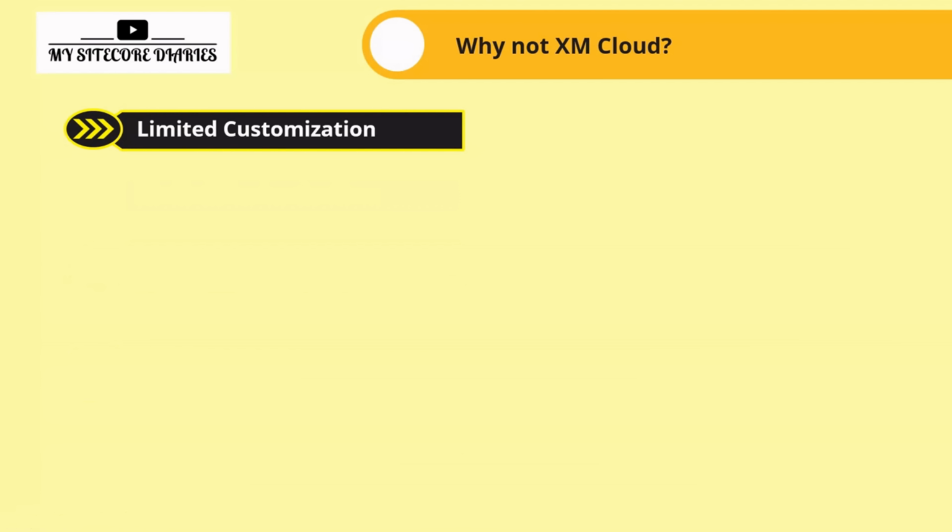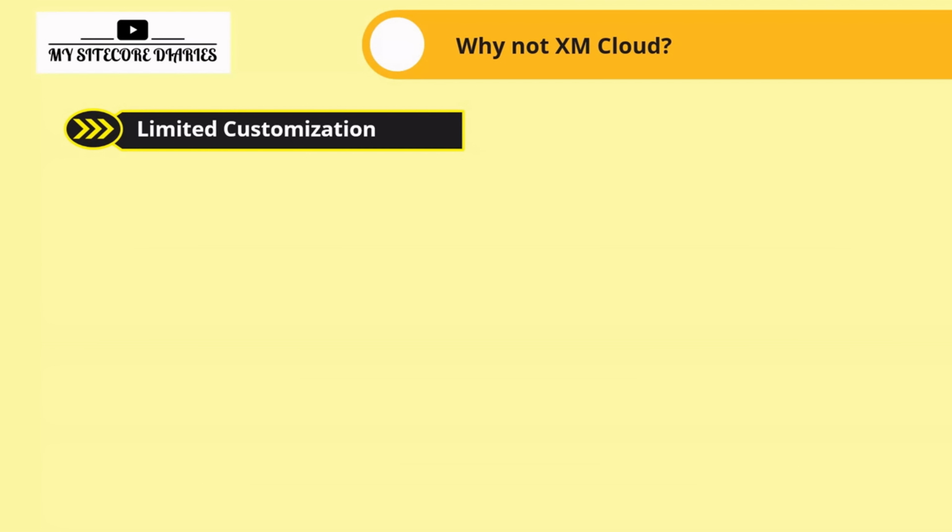First one is limited customization. XM Cloud is a SaaS-based platform with a headless architecture, which restricts hosting custom code within the application. If your current Sitecore XP implementation relies on heavy customization, you may face challenges re-architecting it in XM Cloud.